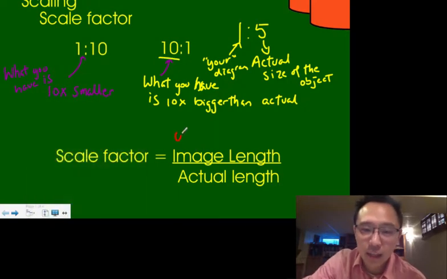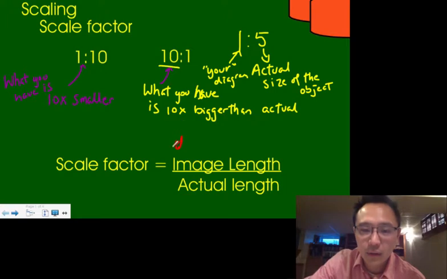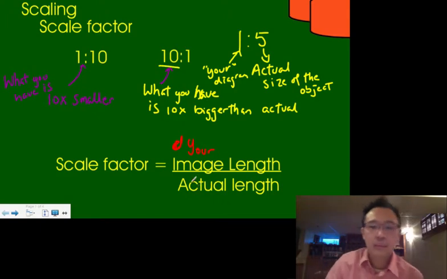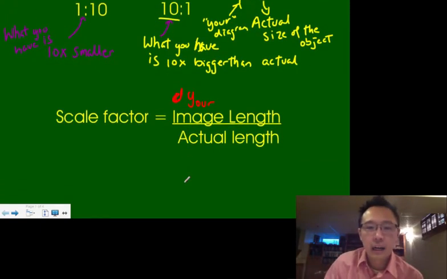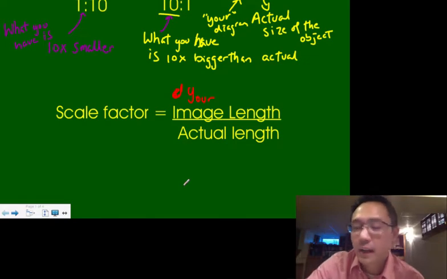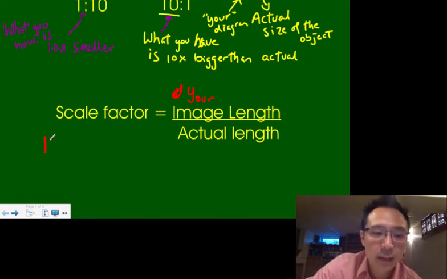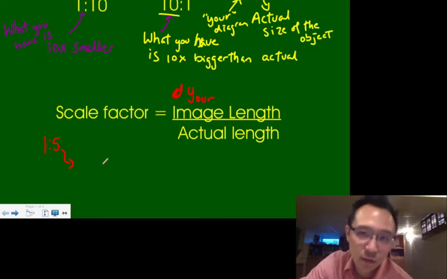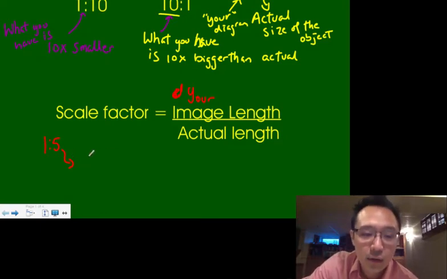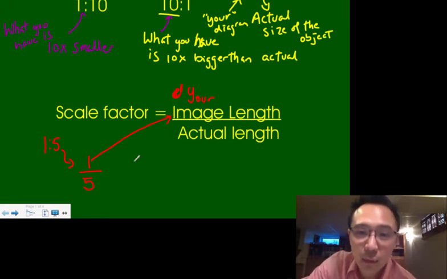The image length is the first number, which is your image length, and the actual one is the second. Anytime you have a scale factor of 1:5, you can always change this into a fraction, which is 1/5. 1 is what you have, your image length. 5 is the actual length.